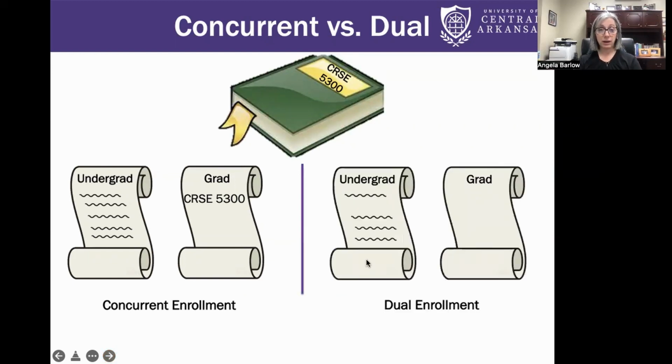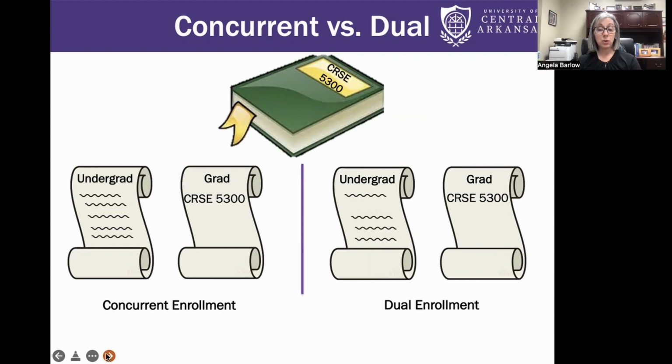So here, if you look at the undergraduate transcript or degree audit, you can see there's a space there for a course that has not been taken. It's at the senior level, so it's probably a 4000 level course. And it's a 4000 level course that's cross-listed with the 5000 level course.